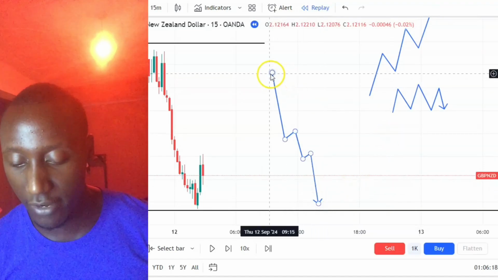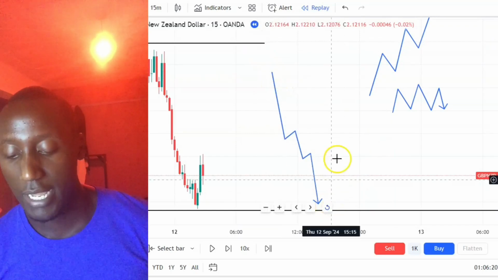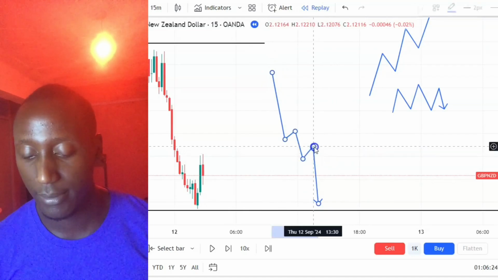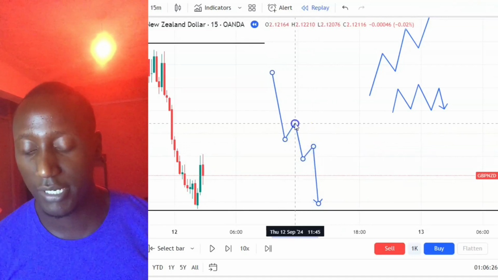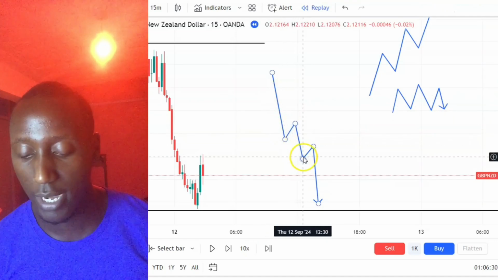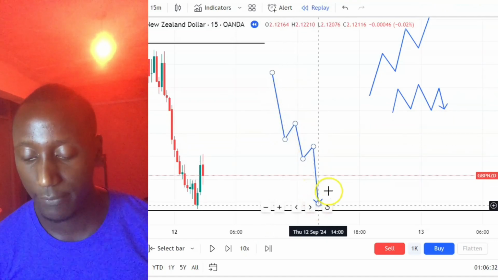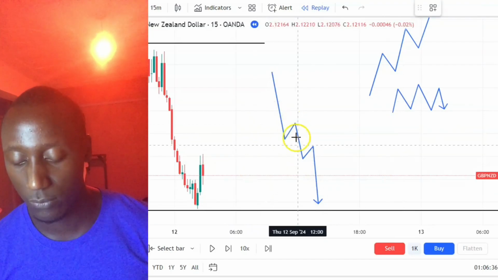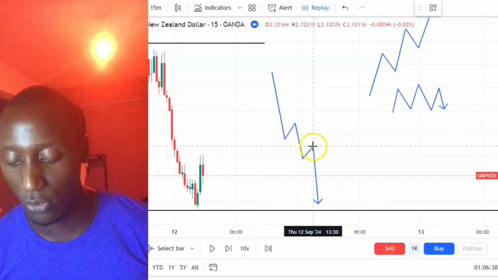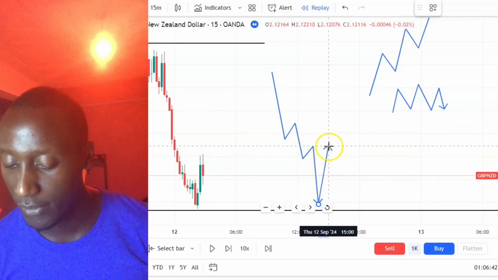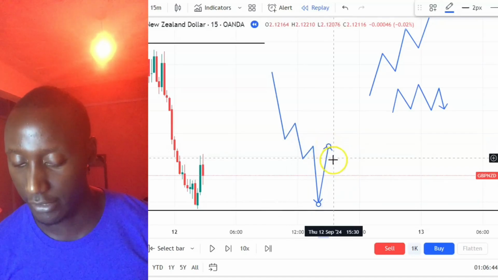So we identify our high, we identify our low. Now, remember the way we said price will be going up or down. So it will create this low, high, low, high, low, high. So what we want to see is price creating a low, a high, a low, then price comes back to that high and is rejected.